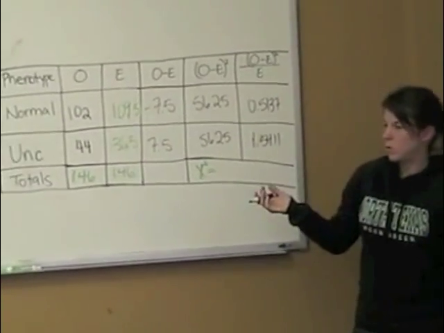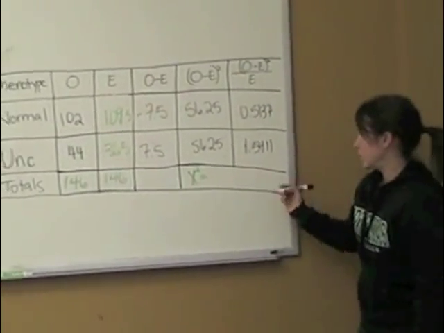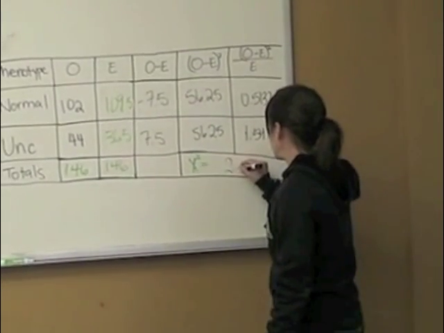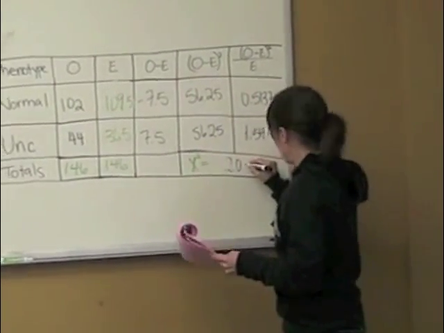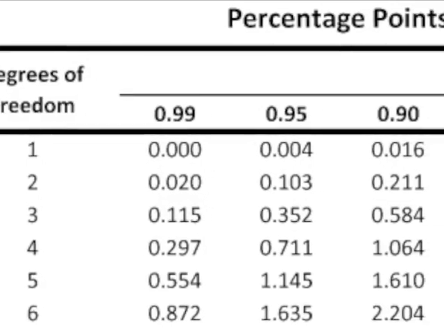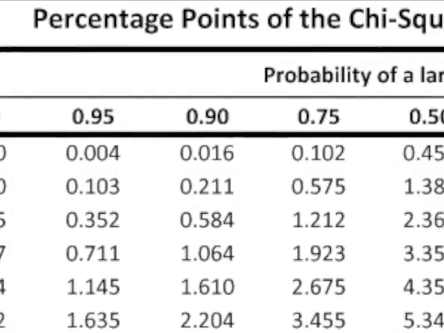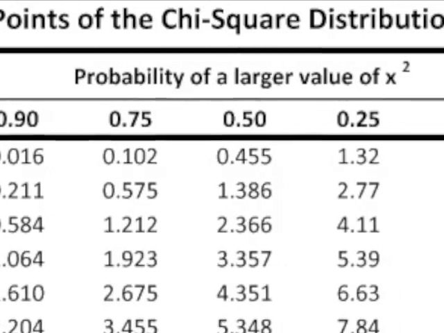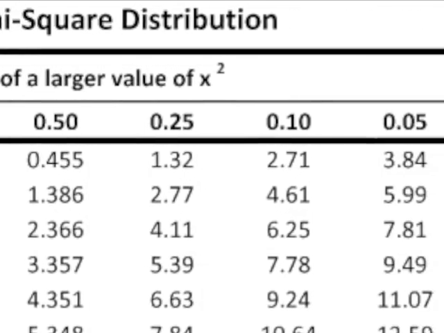So then due to our formula, we have to sum these two values, which gives us a total of 2.0548.